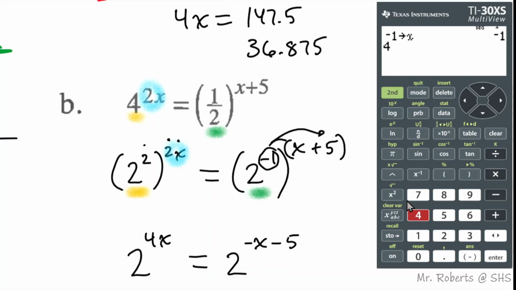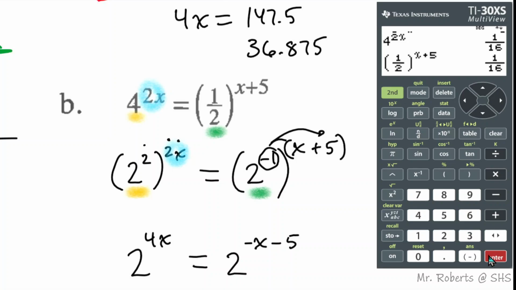So I'm going to look at 4 raised to the power of 2x. That says 1/16. And on the other side, I'm going to have open paren 1/2 close paren, and raise that to the x plus 5 power. Will it be 1/16? I don't know. Let's see. Yeah, it is.